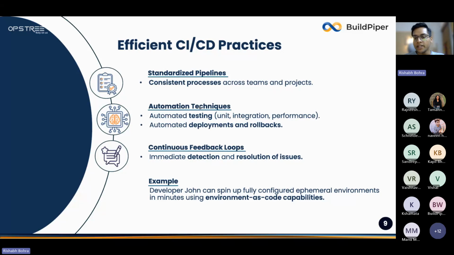A new environment is up and running with all the dependencies and configurations which are required for an application to be deployed. This is the end goal, or the ideal goal, once you have efficient CI and CD practices in place.